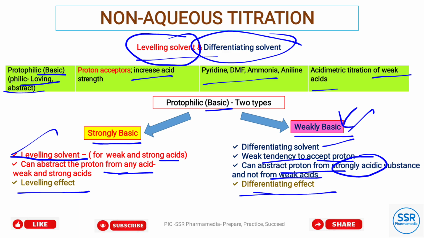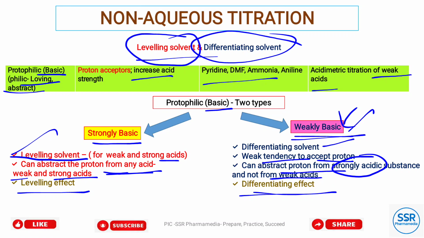Leveling effect means the solvent can abstract protons from weak acids or strong acids. When solvents are highly basic, they accept protons from strong and weak acids to make equilibrium, that means leveling.